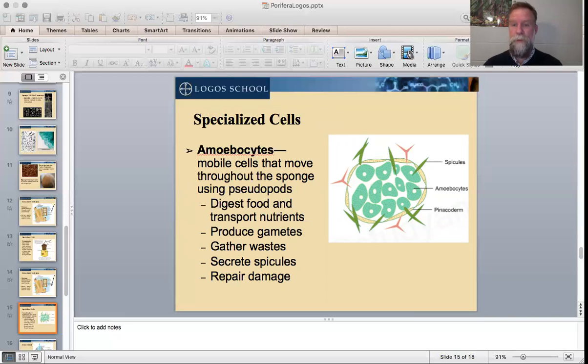And so without a specialized tissue in place, these creatures rely on these specialized cells with remarkable capabilities. This is the biggest list I remember seeing really for any type of cell, with the exception of unicellular organisms. We know that unicellular organisms, by default, have to do everything, and so they truly are remarkable.